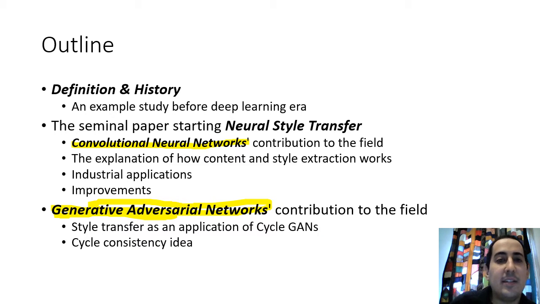And this interesting idea has also an application in the field of style transfer. One of the many extensions of GANs, CycleGAN, with its consistency idea will be introduced in this presentation.